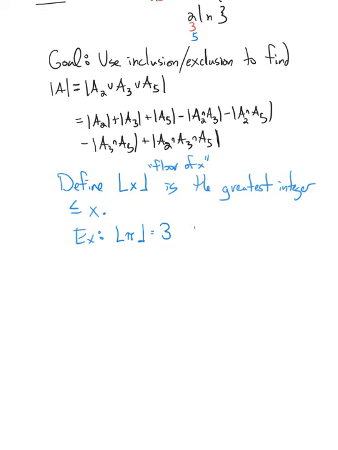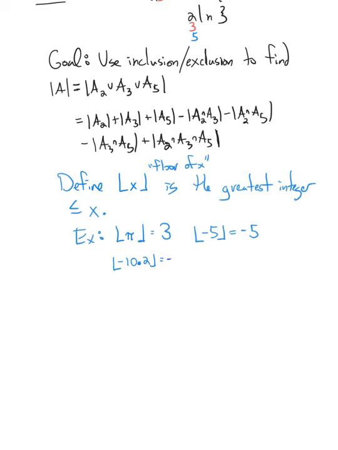The floor of, let's say, -5, well, the greatest integer less than or equal to -5 is -5 itself, which is great. Let's do a couple more. What about something like -10.2? Well, remember, it doesn't round to -10. We're rounding down, but down is negative in this case.